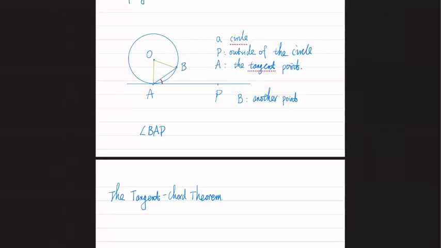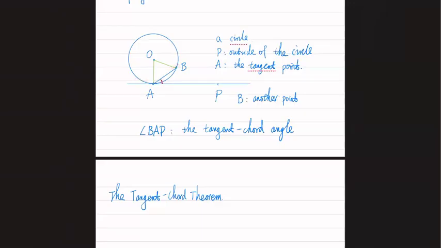They say that this angle, the tangent angle, BAP, is the angle between tangent and chord.